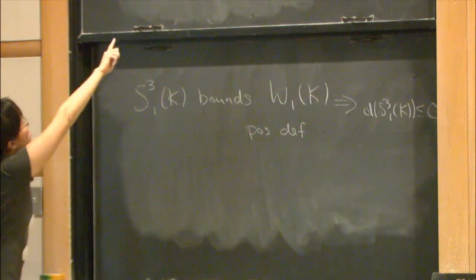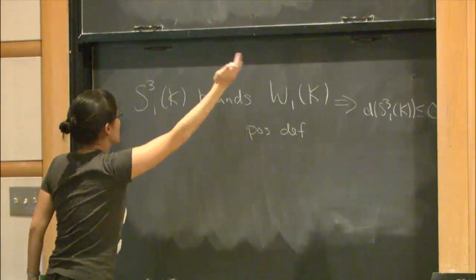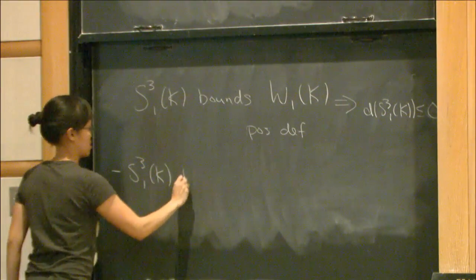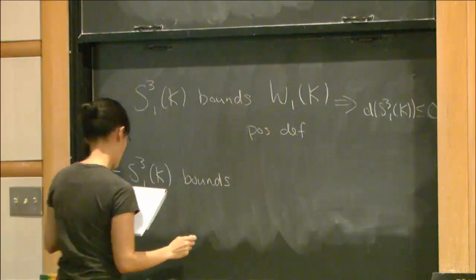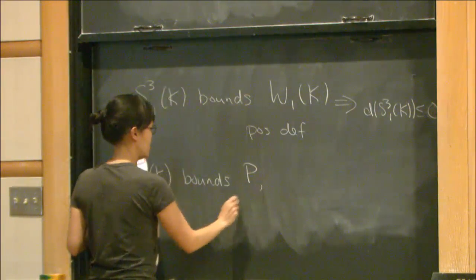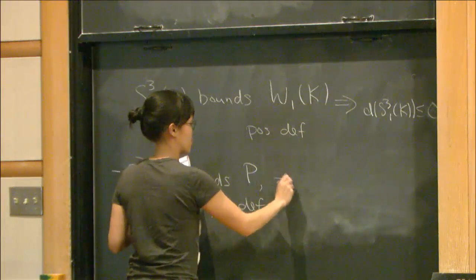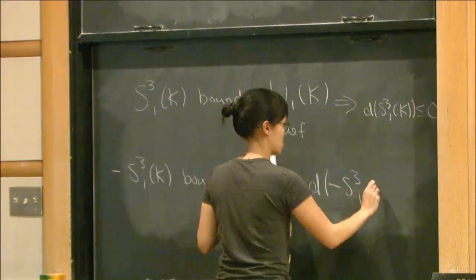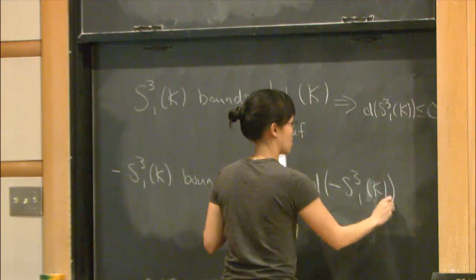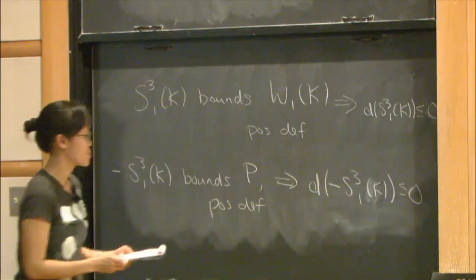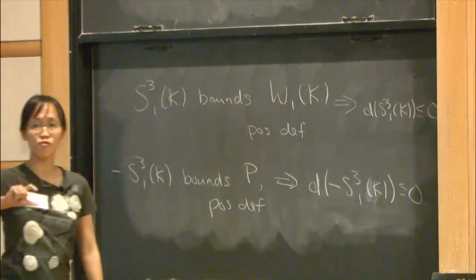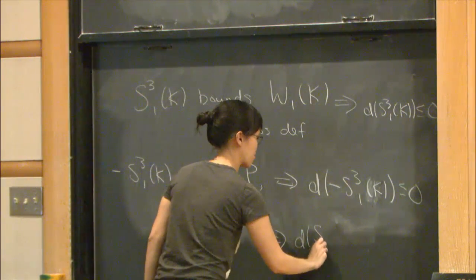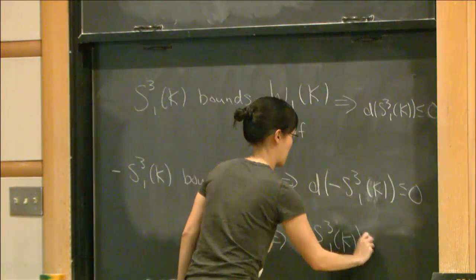But now, looking in the other direction, we have that minus this surgery bounds P, which is also positive definite. So this tells us that D of minus this surgery is also non-positive. So since D invariants reverse sign under orientation reversal, this tells us that D of plus 1 surgery along K is 0.